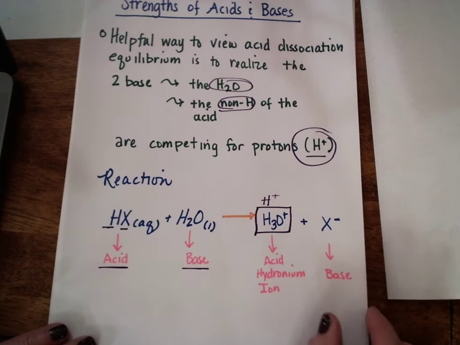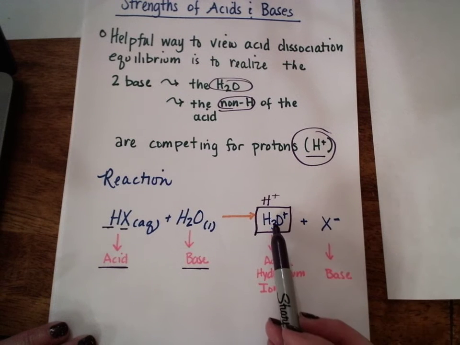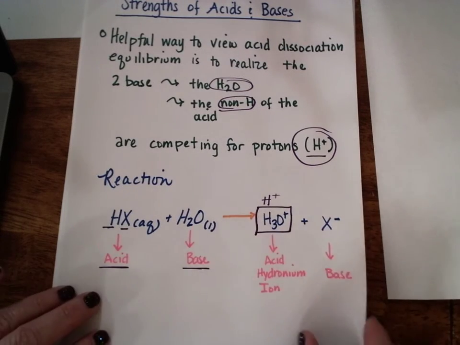And then my X minus, whatever that anion is, whatever non-metal it is, with that negative charge, acts as a base. Because my water was the stronger base, it picked up that proton.